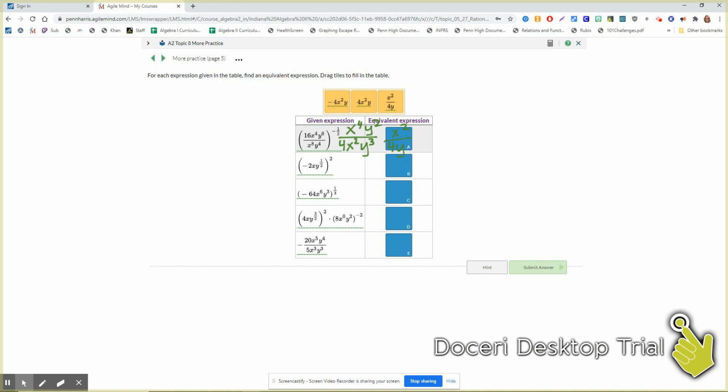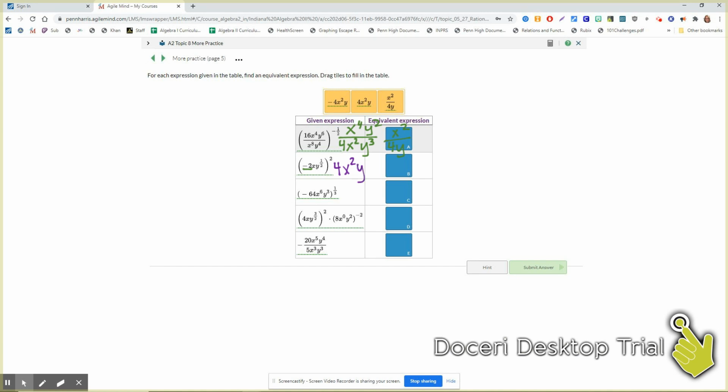On this next one, when you go ahead and simplify that, -2, because that's in parentheses, we're going to take it as -2 squared. Let me get a different color. So that ends up with 4x squared, and then y to the 1/2 to the 2nd power is just y to the 1.